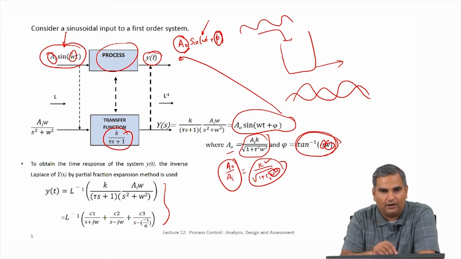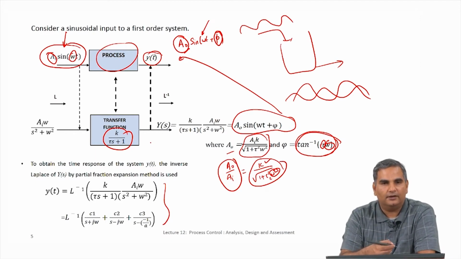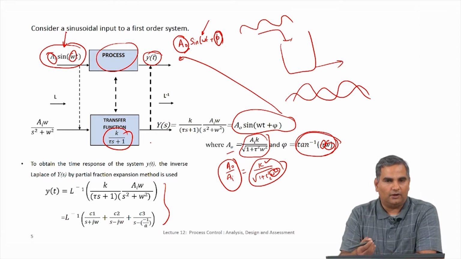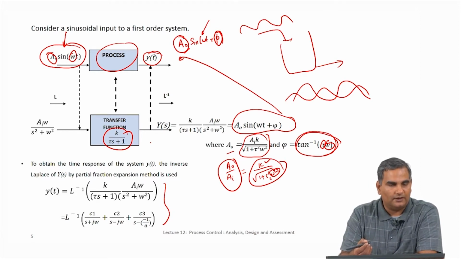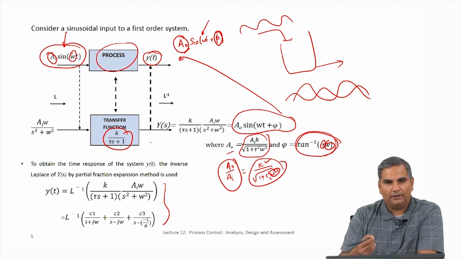So, the upshot of all of this is, when I perturb the system using a sine function of a certain frequency, I notice that the output will also be of the same frequency. However, the gain of the system will dictate what will be the output amplitude.